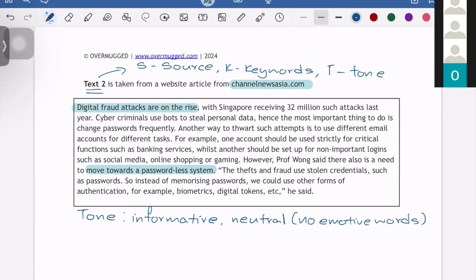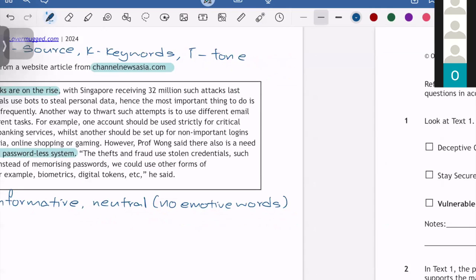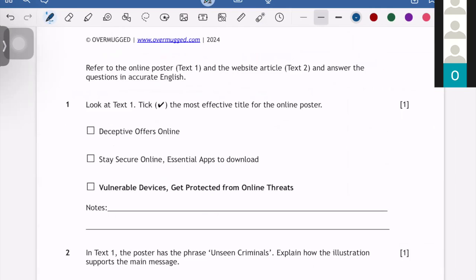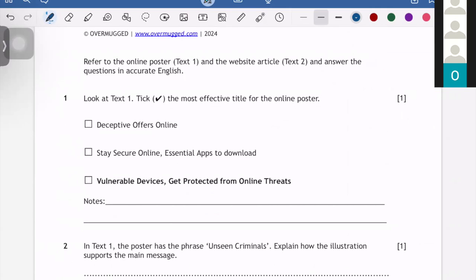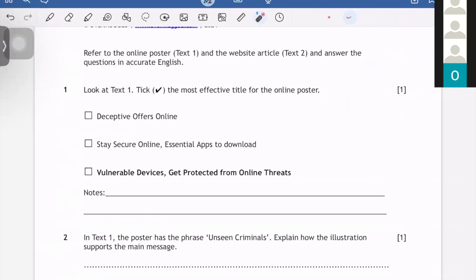Okay, once you're done, flip to the next page. Okay, you will see some parts, the answers have been given. They are bolded for you here.